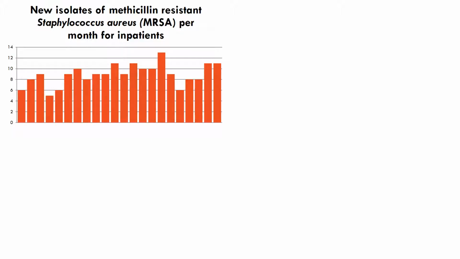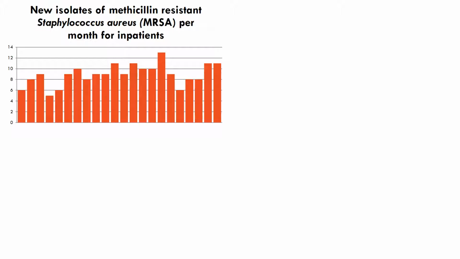To illustrate this, imagine this is a hypothetical graph showing the numbers in each month of patients in a hospital from whom the common hospital superbug, methicillin-resistant Staph aureus, or MRSA, was isolated. In order to reduce the spread of MRSA from one patient to another, we need to be able to understand whether they belong to the same strain or different strains and how they spread from one to another.